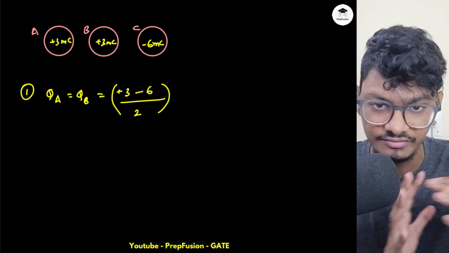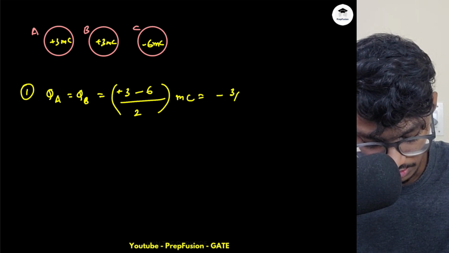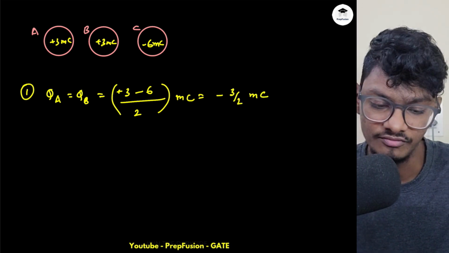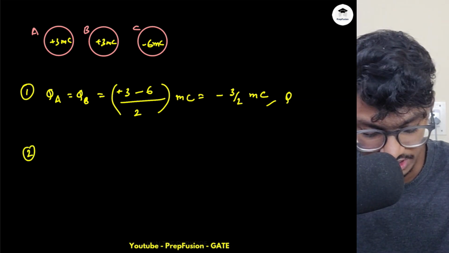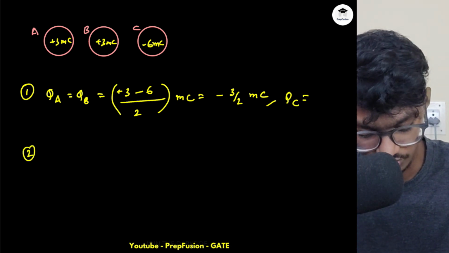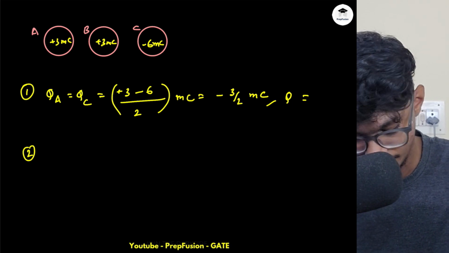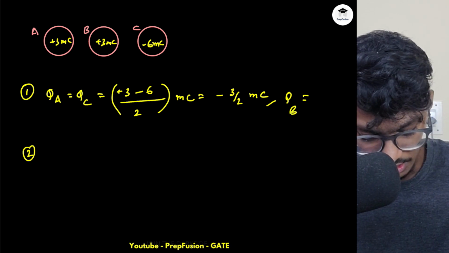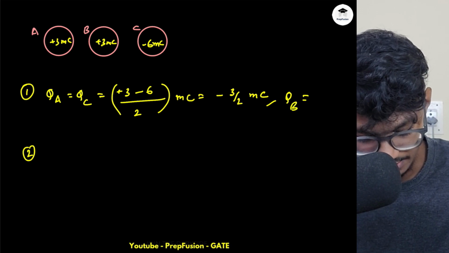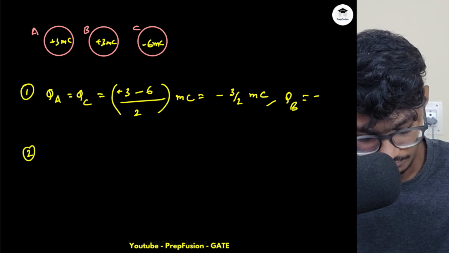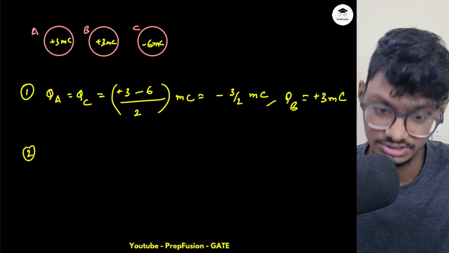Whatever excess charge each one has, they will share. So each of them will have minus 3 by 2 millicoulomb of charge. B's charge remains the same, plus 3 millicoulomb.